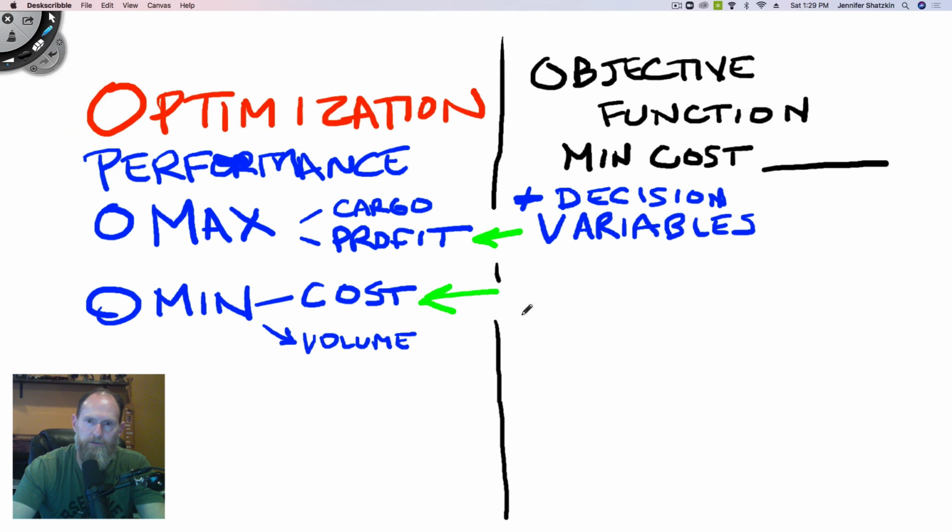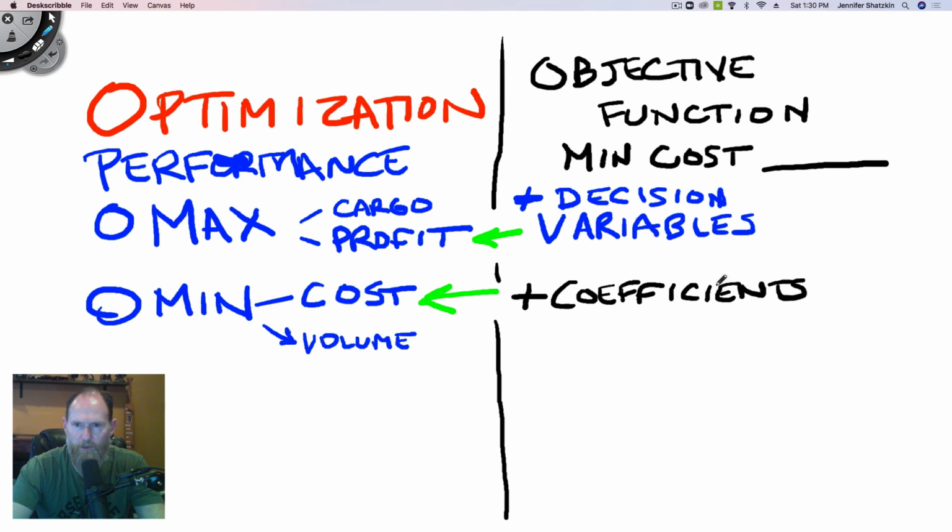Next, we're going to have coefficients. And coefficients go with decision variables, meaning that we multiply the coefficients by the decision variables. And we do that to determine the objective function.